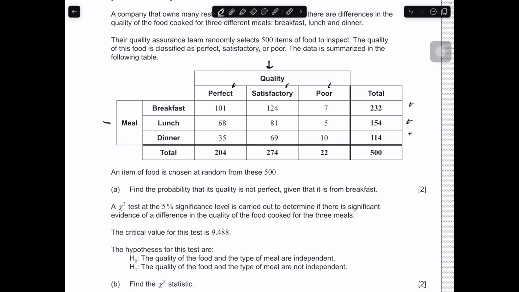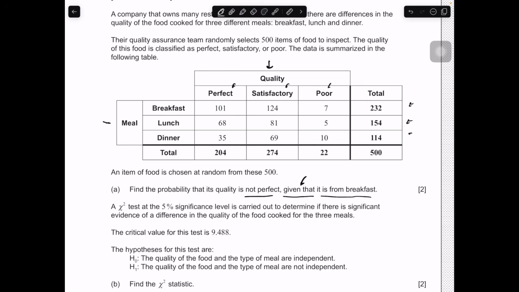Okay, an item of food is chosen at random from these 500. Find the probability that its quality is not perfect given that it is from breakfast. Okay, so 'given that' is a big hint that we're dealing with conditional probability, and when we're dealing with conditional probability, we're dealing with a subset of our total sample.